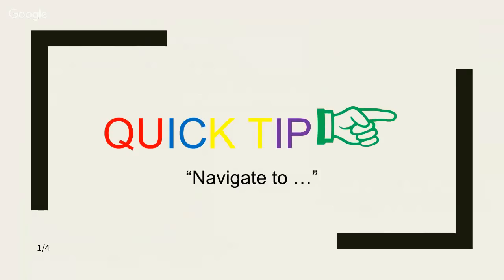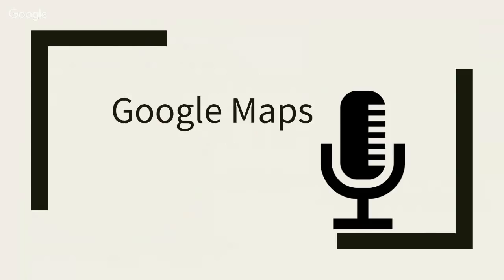This one's going to be about Google Maps and Navigate To. We taught a bunch of in-person classes last week at the Escapade Rally, and when we did this thing that we do all the time, we got a lot of gasps from the audience saying, oh, I didn't know you could do that. So I have to make sure that you all know you can do that.